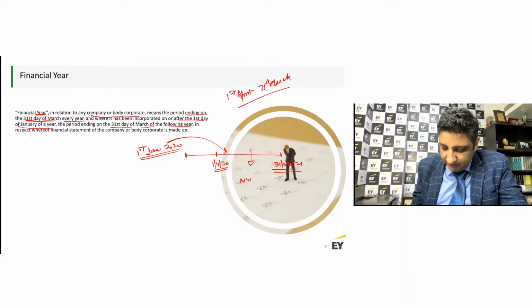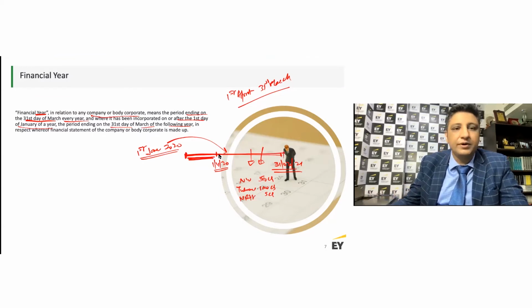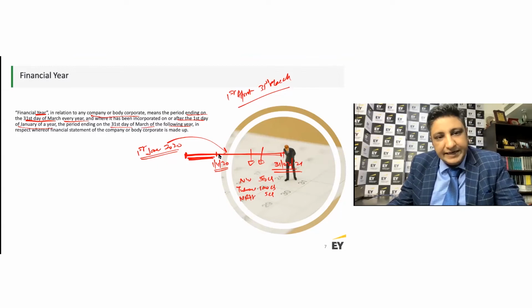where we had net worth of 500 crore, or a turnover of 1000 crore, or a net profit of 5 crores, you don't only look at this period now, you would also include the additional 3 months. So that is where it can be a little more progressive for entities following the CSR.